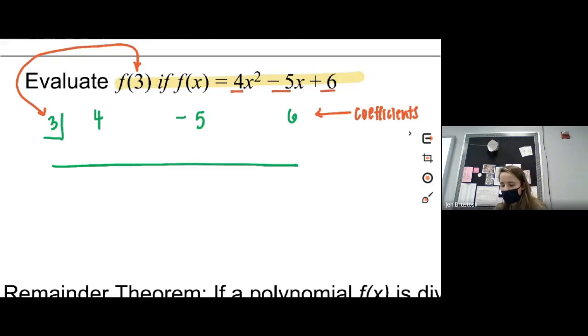Okay, and how we're going to solve these is always the same. First thing we're going to do is drop down our first number. So that 4 just drops down.